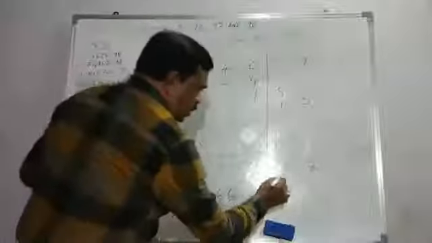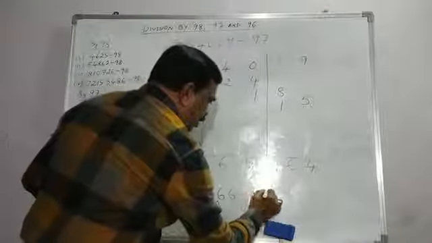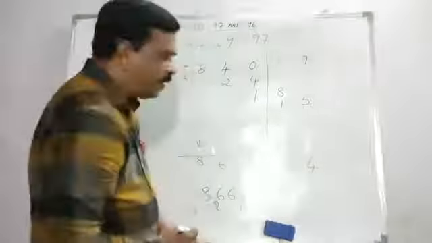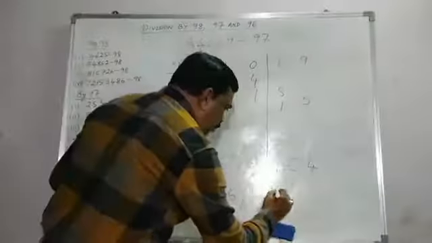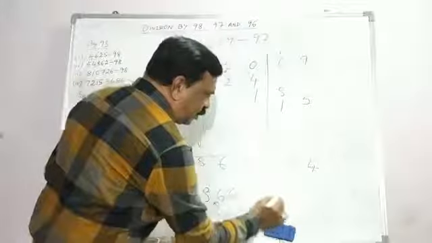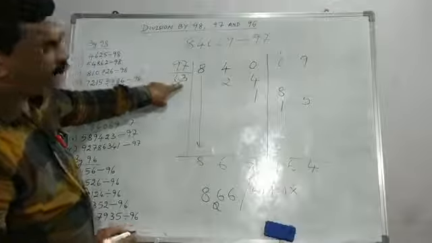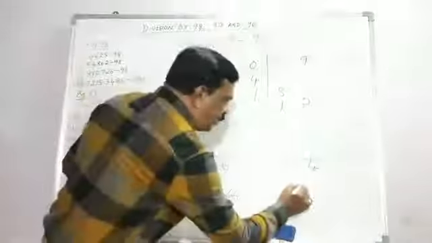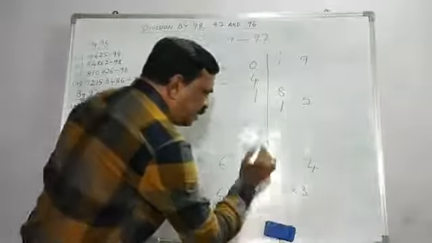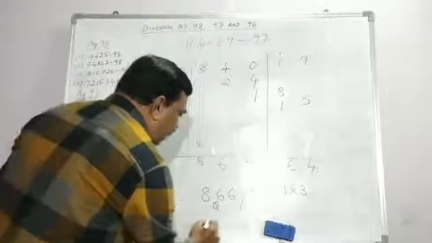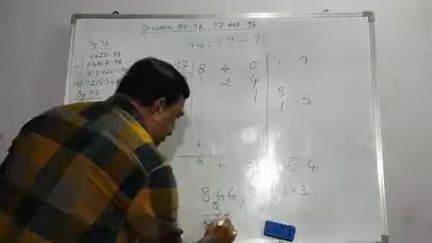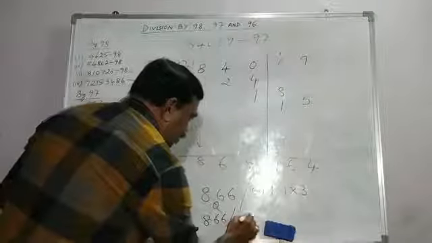And 64 is remaining here, but 64 is not our final remainder. Our final remainder will be 64 plus, we are adding 1 this side, so 1 into what is our multiplier here? 3. So 1 into 3 is 3. So 64 plus 3 becomes 67.